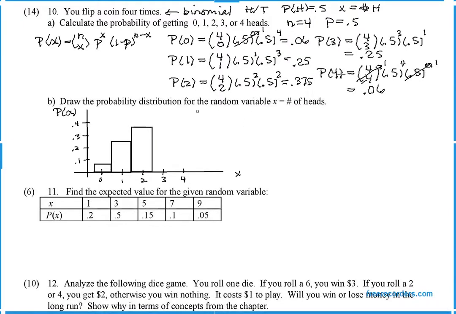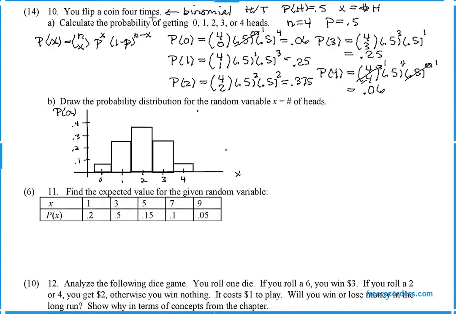And then probability of 3 heads is 0.25. So a bar centered on 3, we're going up to height 0.25, which is going to agree with this guy over here. So like that. And then probability of 4 heads is 0.06. That's this height again. So a bar centered on 4 goes up to height 0.06. About right there. So there's our probability distribution, where x is the number of heads.